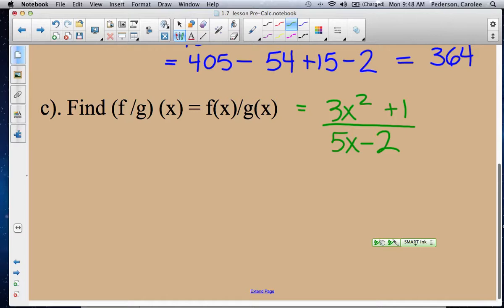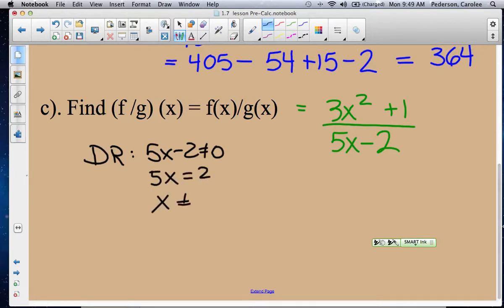What would be the domain restriction? What can x not be? So off to the side, the domain restriction, 5x minus 2 cannot be 0. So 5x equals 2, so x cannot be 2/5. If we substitute 2/5 in, that would make that denominator 0. I'm going to stop the recording here, we'll pick back up.